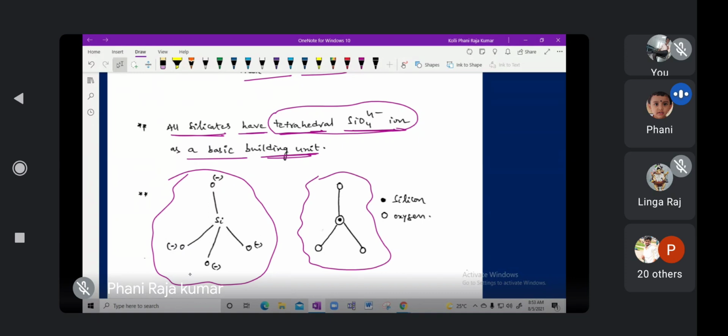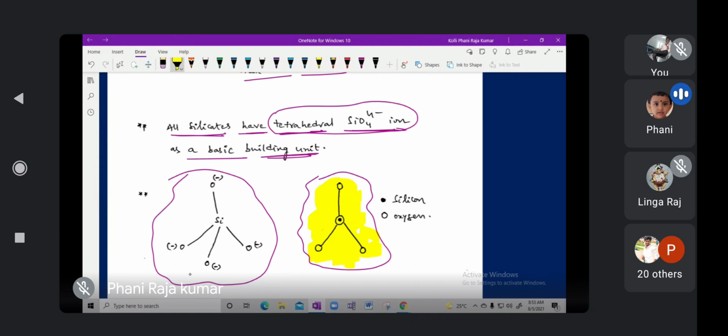Concentrate on this. In this structure, how many bonds are there? 3 bonds or 4 bonds in this highlighted structure? 4 bonds are there, not 3. Where is the 4th? Solid circle is silicon and open circle is oxygen.